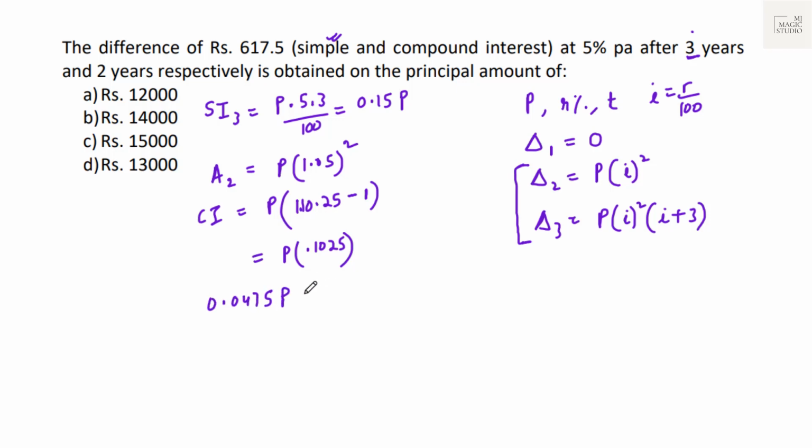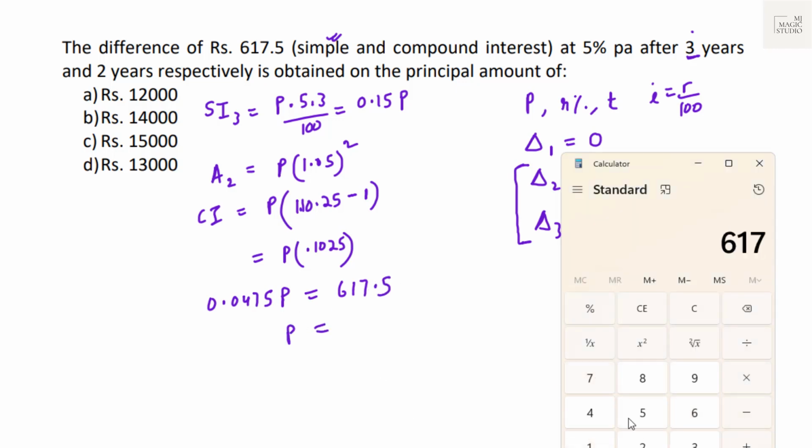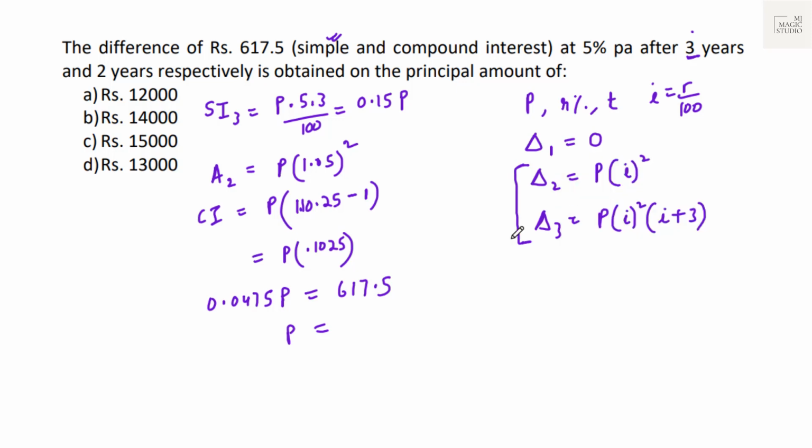The difference between these two, 0.15 minus 0.1025, is 0.0475. So 0.0475P equals 617.5. The value of P is 617.5 divided by 0.0475, that will be 13,000.